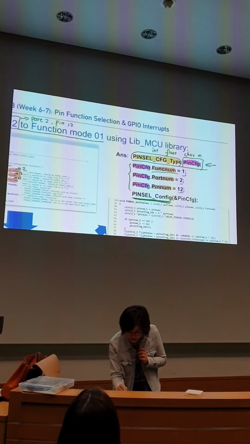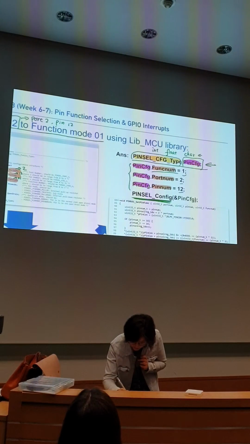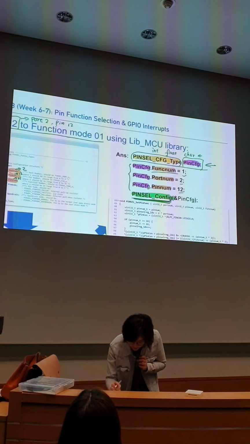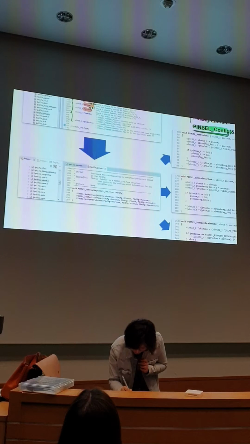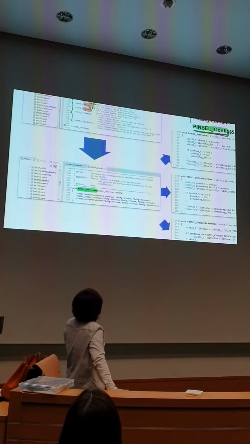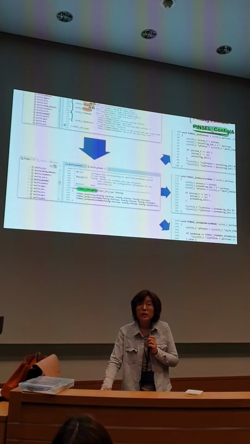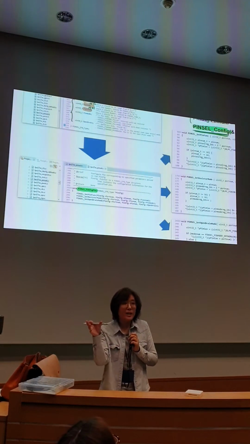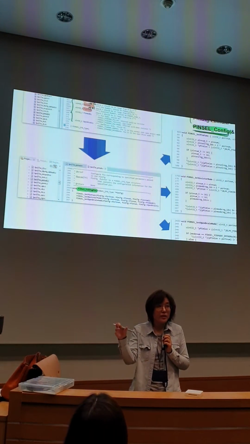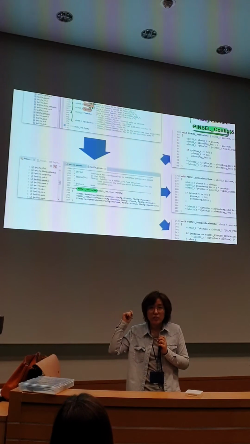Can you see this? Let me use another color. This is a function here. Now you have one structure ready with all the correct parameters, and now you can call this function.